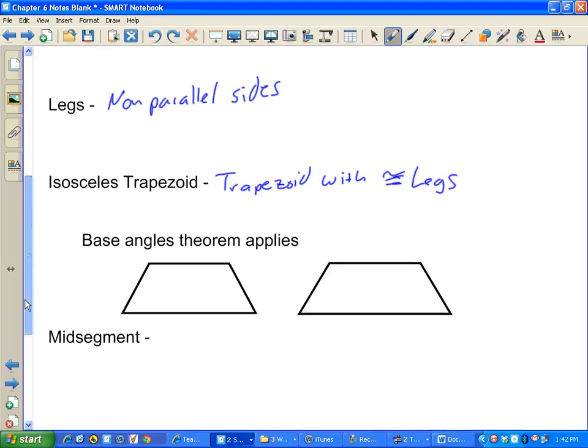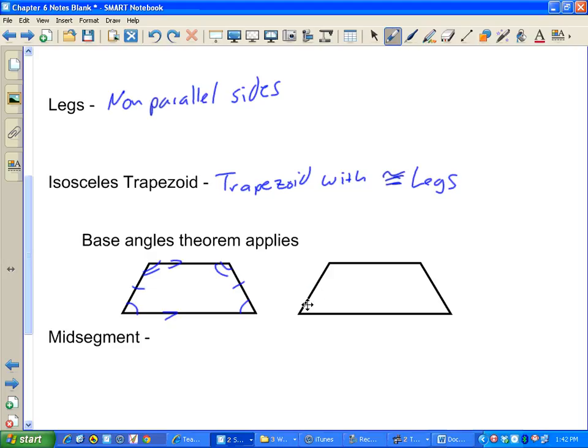An isosceles trapezoid is a lot like an isosceles triangle. If you remember an isosceles triangle, so here's our trapezoid. In a triangle, we said that if two sides were congruent, then the opposite angles were congruent, and that's true for isosceles trapezoid. So our base angles theorem applies. If I have the legs that are congruent, that means both sets of base angles are going to be congruent.